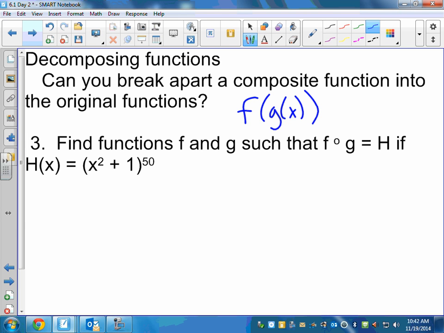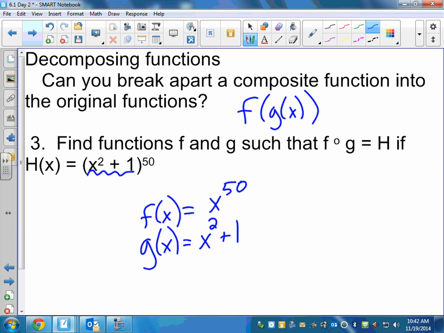Yeah, like for me, it looks like x squared plus 1 is on the inside. So what if I say g of x is x squared plus 1? What would the outside function have to be? X to the 50th, because that would be out here.